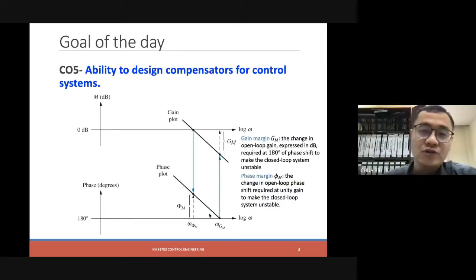Okay. So on today's topic, we will use the frequency response technique to design our compensator, right?